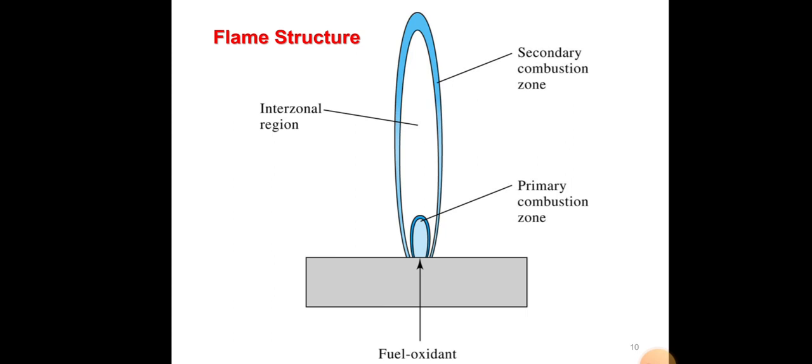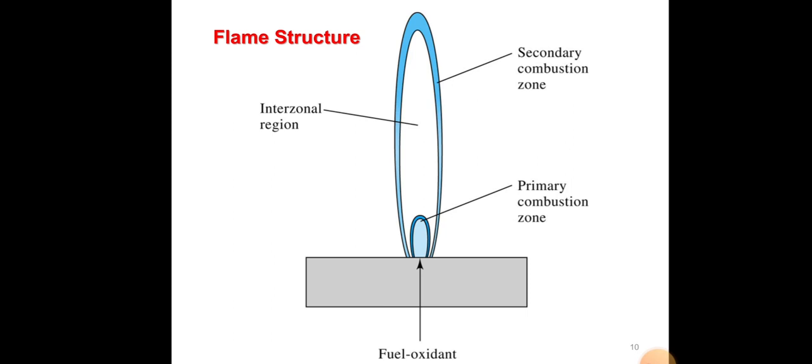Then we have the internal region, the interzonal region. That is the most important region for measurement of the absorbance, because in this region the temperature is higher and the sample has been atomized. Then we have the secondary combustion zone in the higher levels.